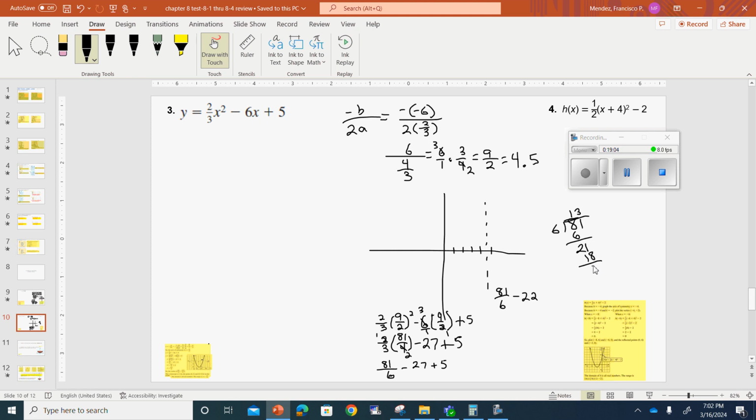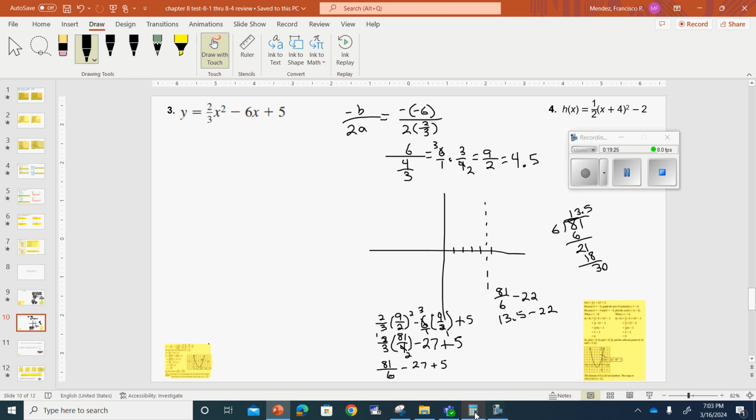That's going to leave me 3. And I could go ahead and put a 0 here and a decimal and realize 6 goes into 30 5 times. So it's 13.5. So now I've got 13.5 minus 22.